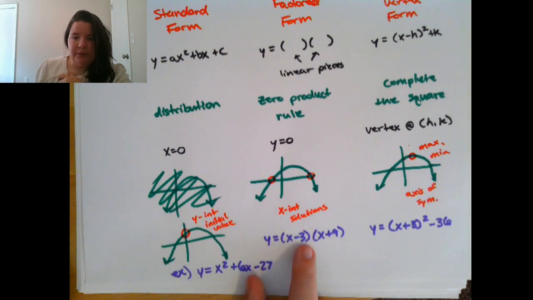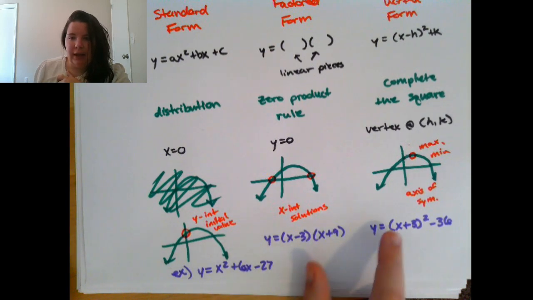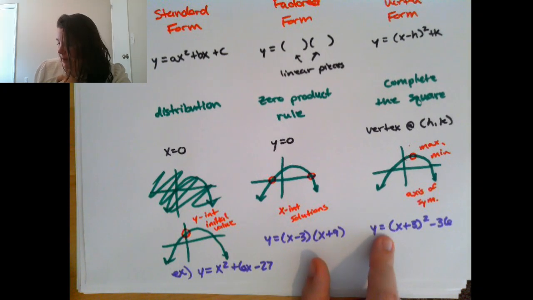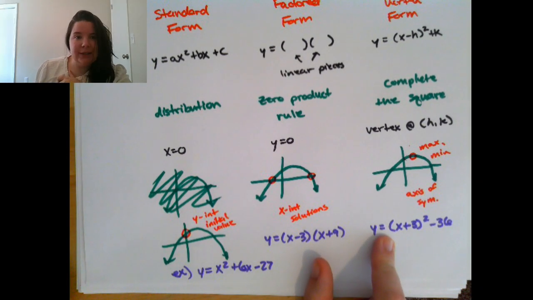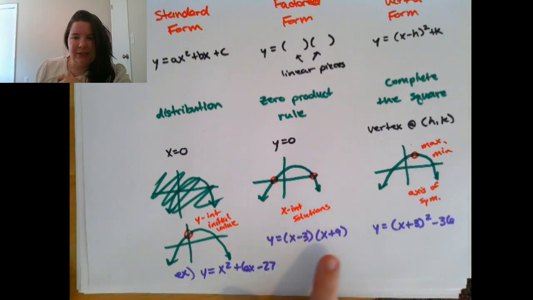The x-intercepts are positive 3 and negative 9. And my vertex will be at negative 3, negative 36. You see how those numbers correlate to what it is I'm saying. I'm just picking the numbers and saying the piece of the parabola that it tells me.